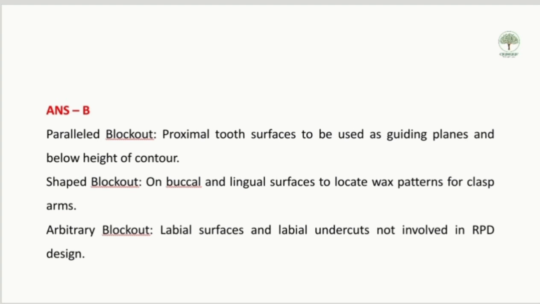According to B, arbitrary is used under the gingival crevice. Relief is used below the bar position of linguoplate major connector. Parallel is used beneath all the major connector, and shaped is used to locate the wax pattern of clasp arms. So you need to know the definitions, or at least which is used where. Arbitrary is used on the labial surface and labial undercuts not involving the RPD design.